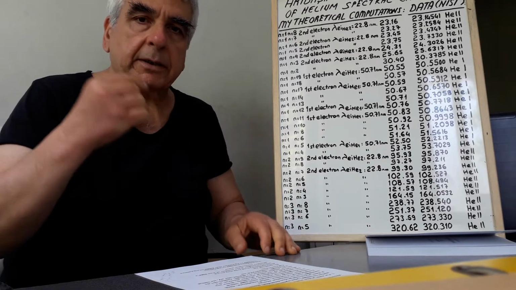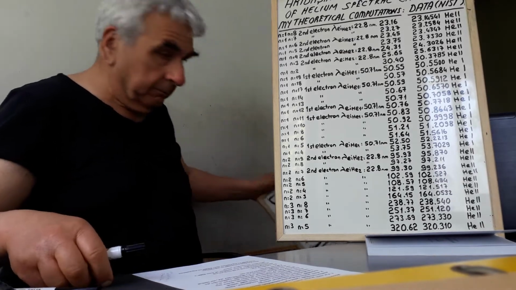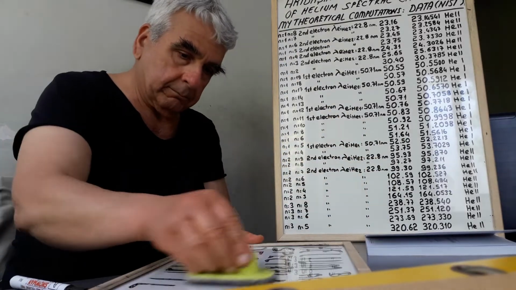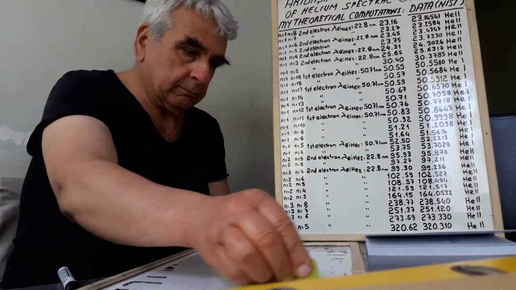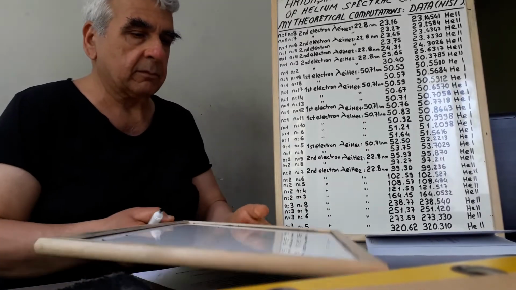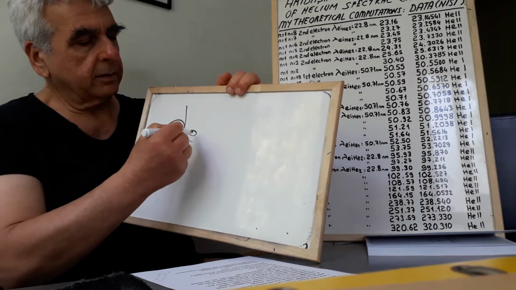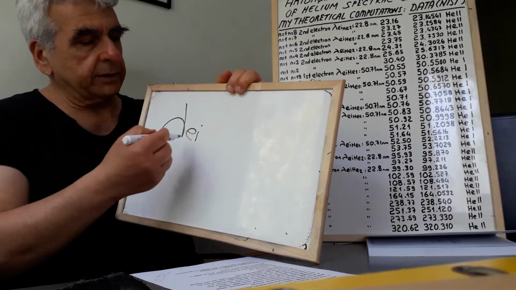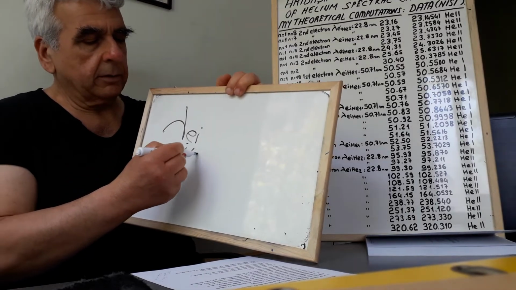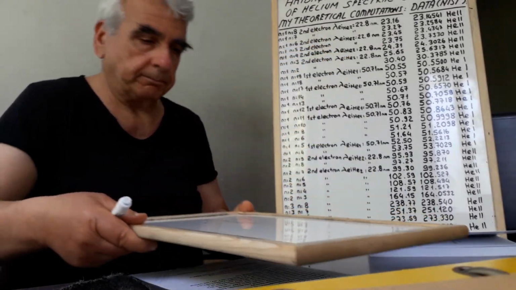Remember lambda EI. Each one has different lambda EI, initial wavelength. Okay.